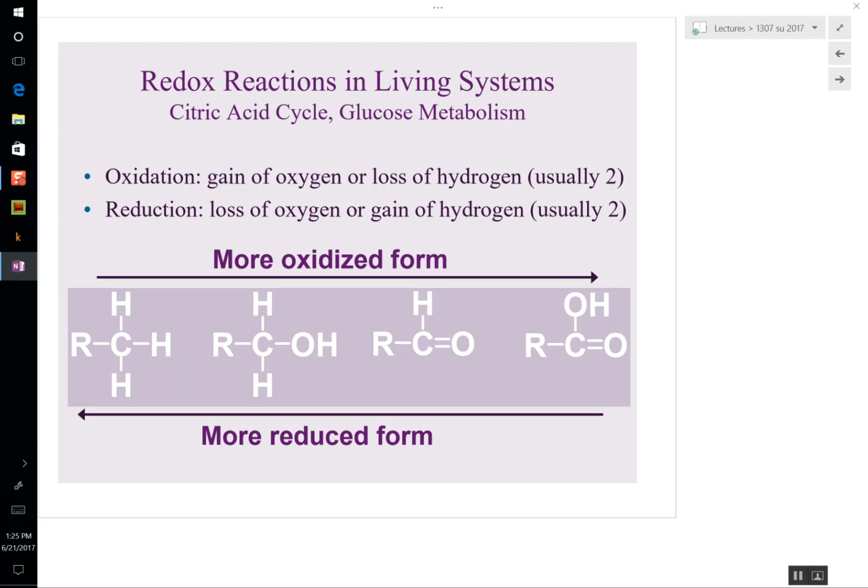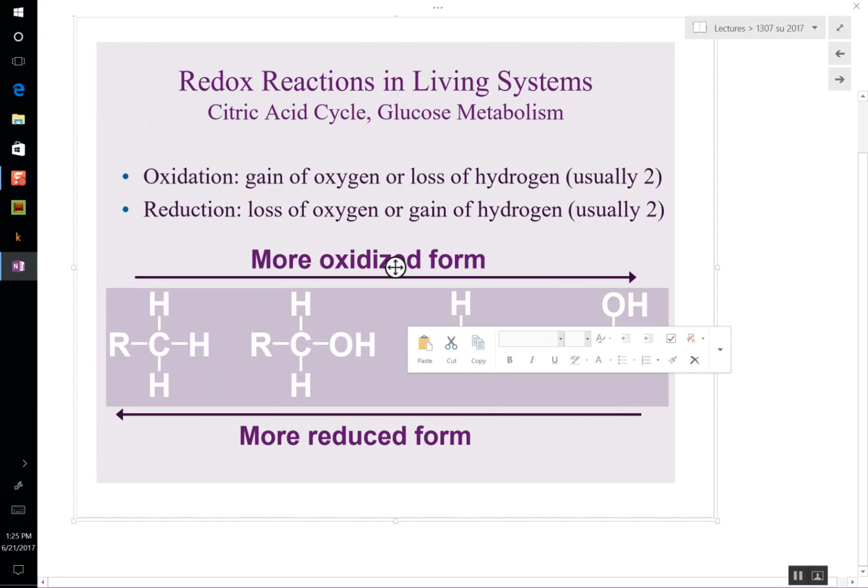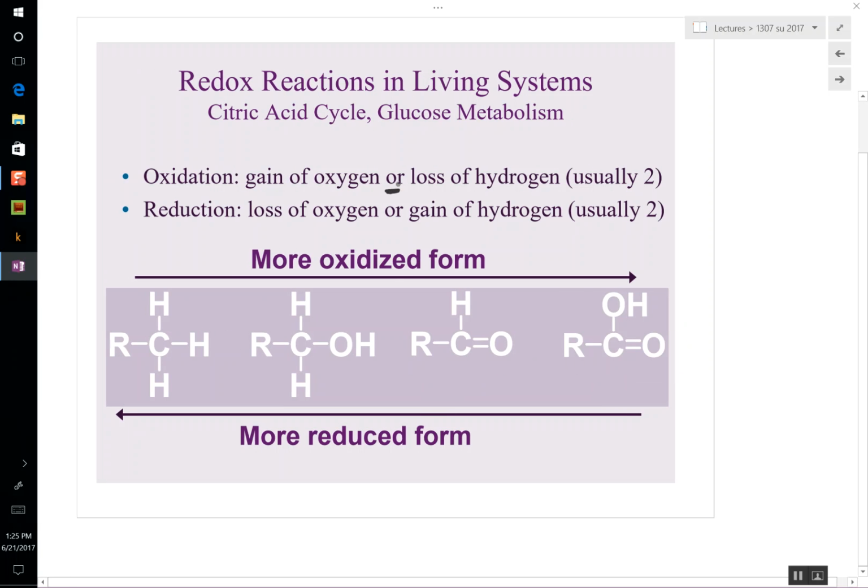Okay, what is oxidation? It's the gaining of oxygen or the loss of hydrogen, usually two hydrogens. You gain an oxygen or lose 2 hydrogens, that's oxidation. Remember, that's or. Either one of those things happens, and you're talking about oxidation.